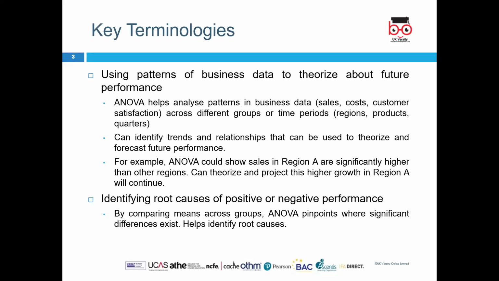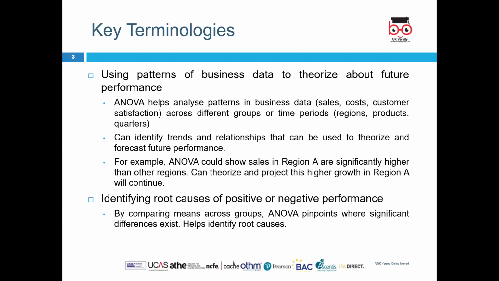So before we move into each of the learning outcomes, let us first look at the key terminologies. When we are using patterns of business data to theorize about future performance, ANOVA helps in identifying and analyzing the patterns in business data. For example, projection of revenues, costs, customer satisfaction across different groups or time periods, such as regions, products, and quarters.